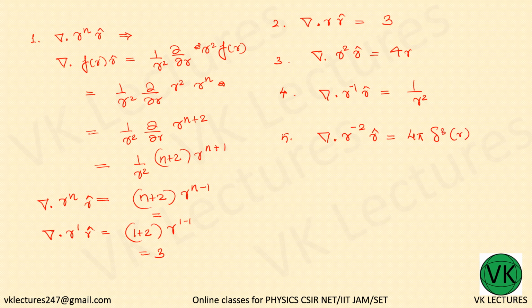This means that the function del dot r^n r cap equals (n+2) r^(n-1) is valid only when n is not equal to minus 2. When n equals minus 2, this is the formula. This is the Dirac function.